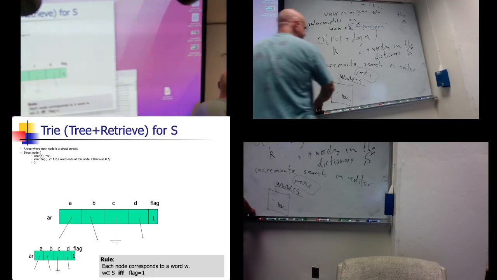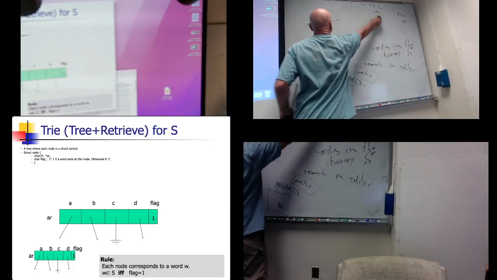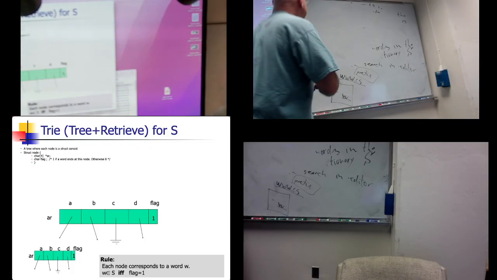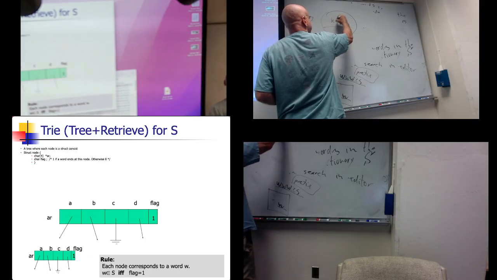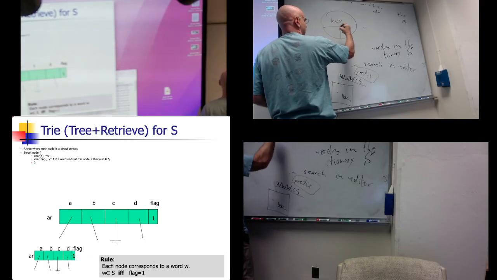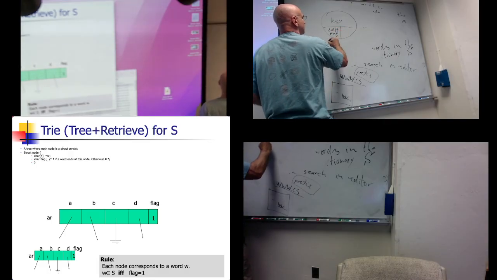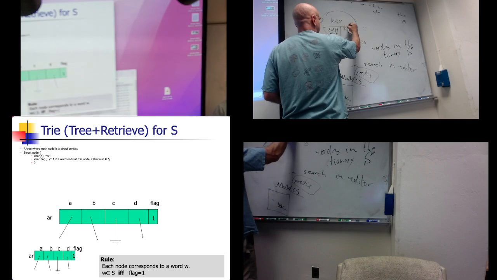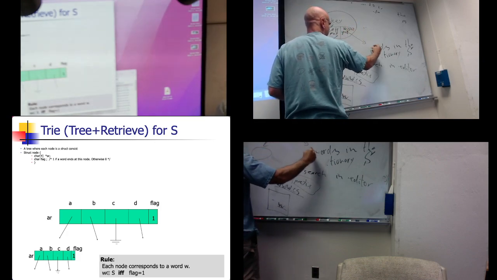Normal binary trees will store in each node a key, a left pointer to the left node, and a right pointer to the right node.